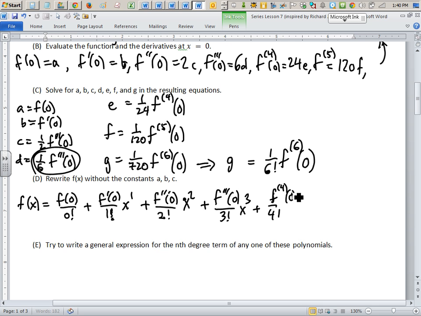So basically, the fourth derivative at 0 over 4 factorial times x to the fourth. When you write it like this, the pattern is obvious. And profound. It is very interesting.